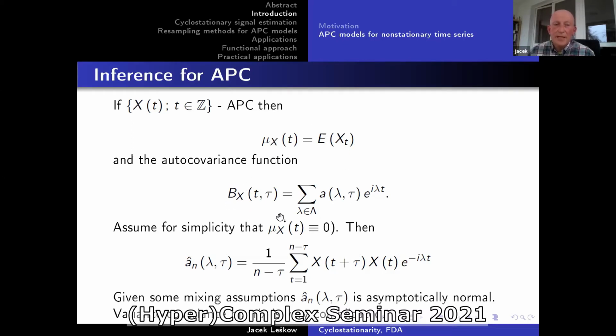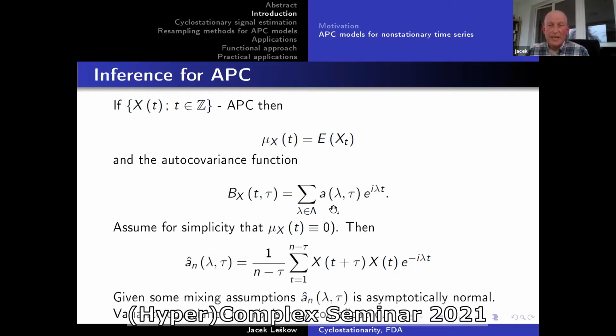As I was trying to make a point, we take the Besicovitch concept of almost periodicity, which means that the autocovariance function can be approximated by a Fourier series. So we have the coefficients, A, lambda, tau. The lambdas are the frequencies. When I'm going to use the concept of frequency, what I mean is the frequency corresponding to the Fourier coefficients of the autocovariance representation.